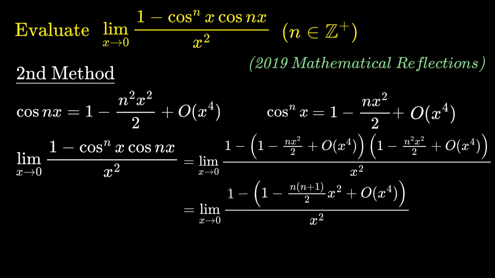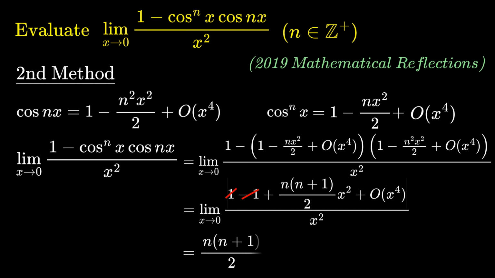Distributing the negative inside the parentheses, we see that the 1 is cancelled out, and dividing by x squared, we can split the limit into two parts, where the first part is just a constant n times (n + 1) over 2, and the second part O(x^4) over x squared, which is O(x^2). And letting x tend to 0 will be just 0.